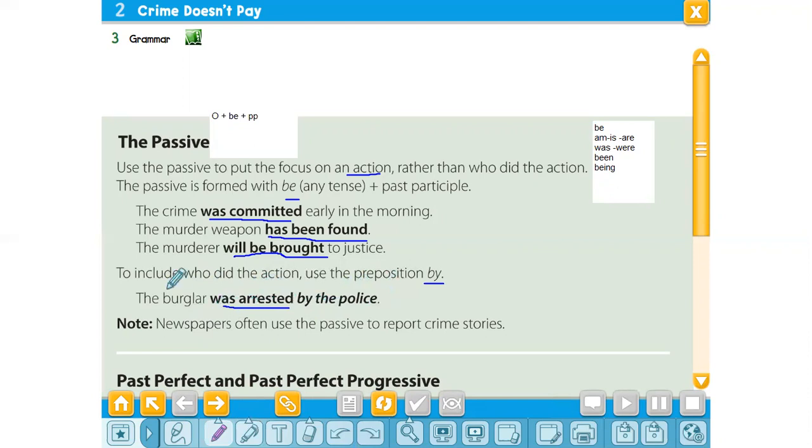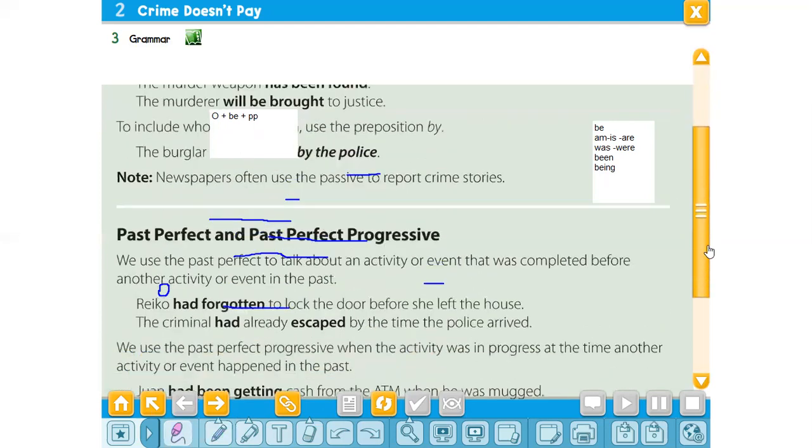So we start with the object plus verb to be in the past, the main verb in the past participle, the preposition by, and to include who did the action. The newspapers often use the passive to report the crime. Clear now? The passive is clear?